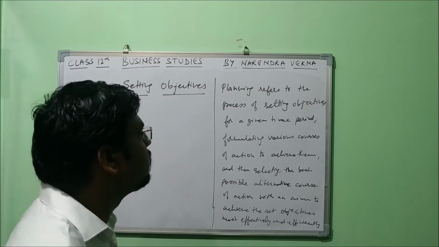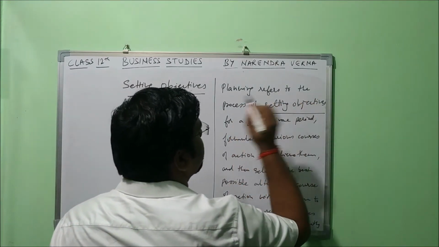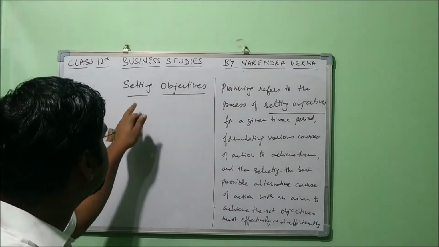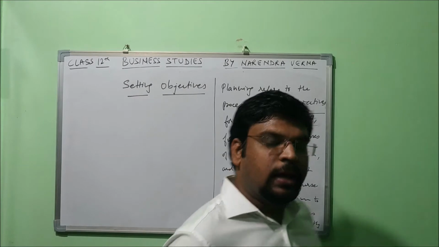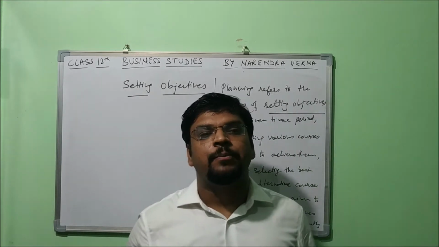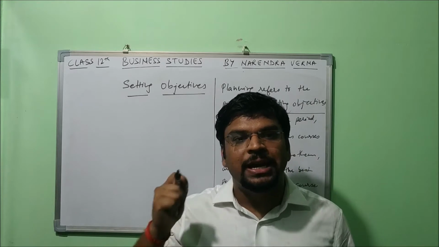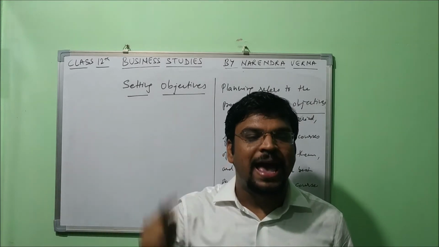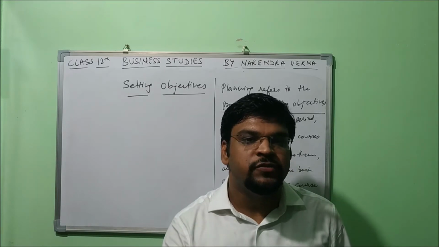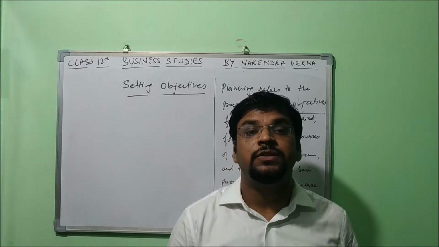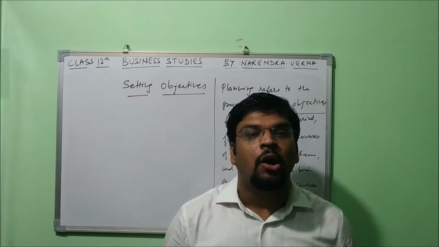We can see here, planning refers to the process of setting objectives, right? The very first step is what? Setting objectives. So in the first step, what happens? An organization sets objectives for the entire organization as well as for all departments, all units, divisions, and even for individual employees, right?